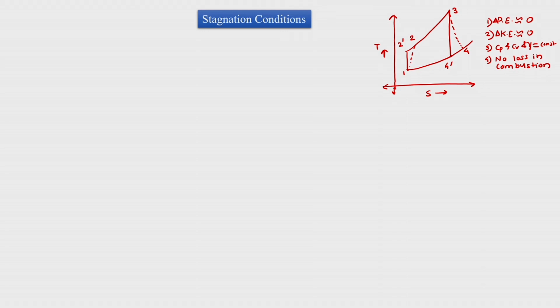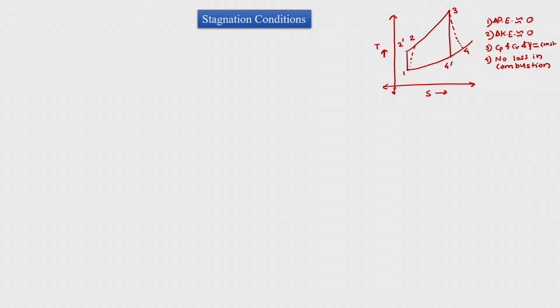So with these prominent assumptions, we derived a few things for the Brayton cycle. But now we have to move ahead and drop some of the assumptions. Prominently, we will drop the assumption that the change in kinetic energy is 0 and that there is no loss in the combustion chamber.